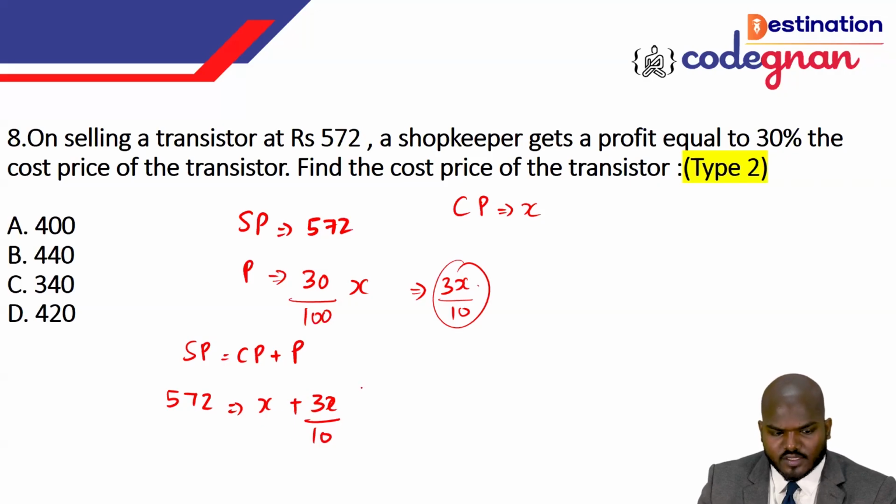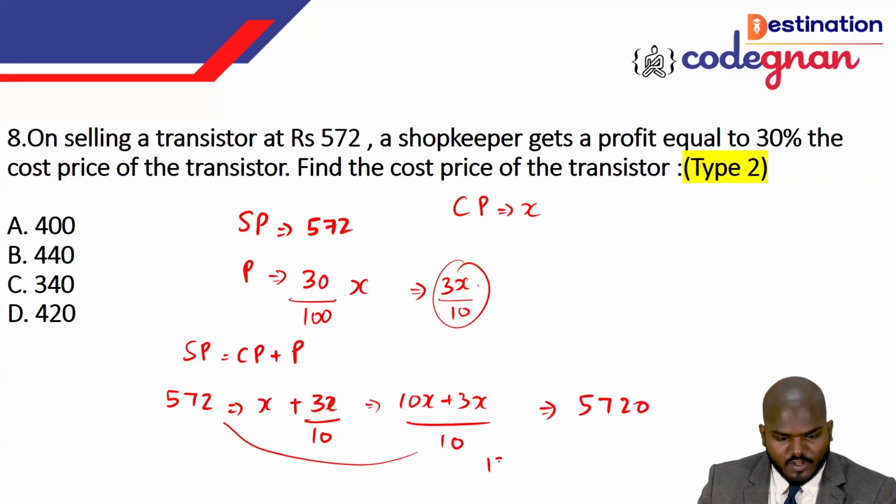If you solve this, guys, it will give you the value: if 3x goes to that side, it will give 10x plus 3x, all by 10. If it goes to this side with the multiplication of 572, that will give you 5720. So you will get 13x is equal to 5720.